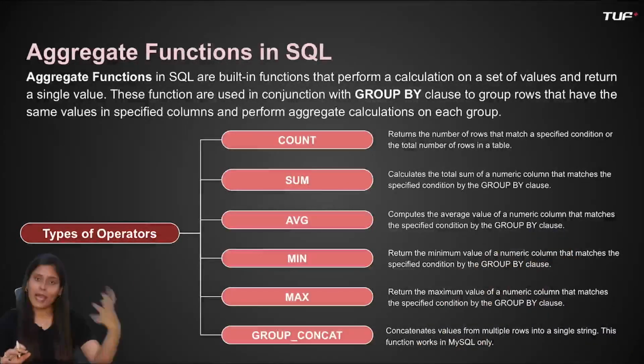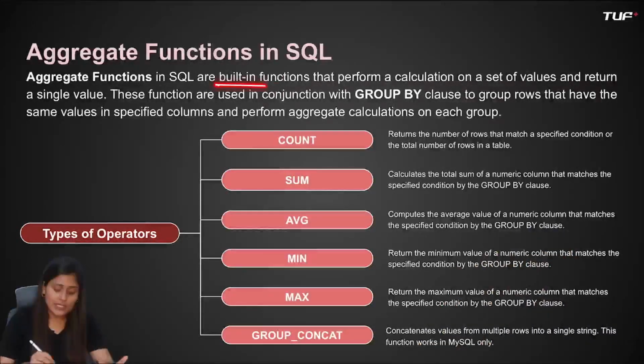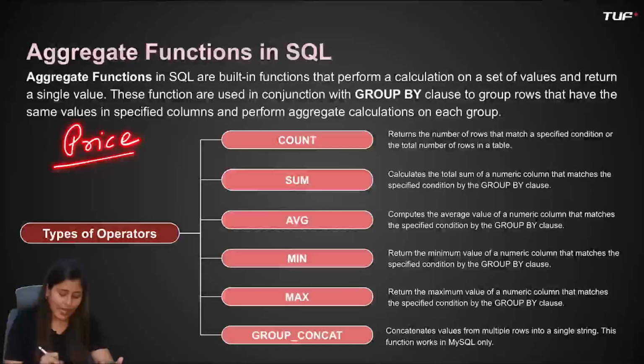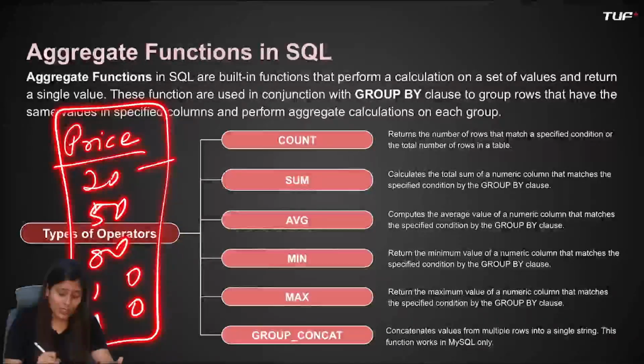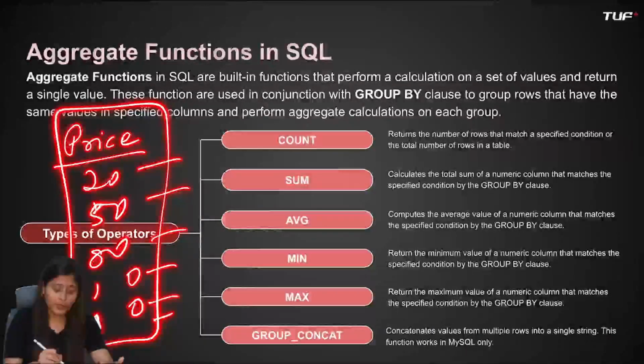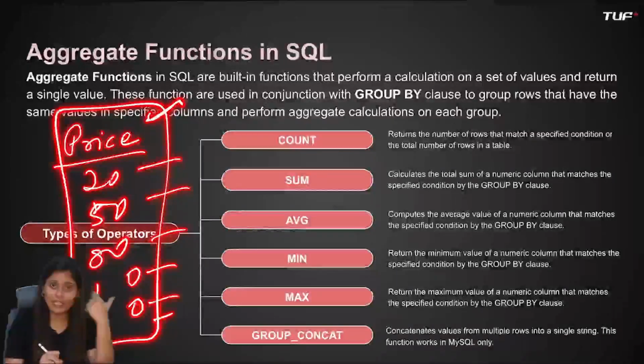So let's see what aggregate functions are. These are built-in functions that perform a calculation on a set of values and return a single value. Suppose we have a column called price with values 20, 50, 80, 10, 10. If you want the summation of all these rows from the particular column, you would need to iteratively add it, right?